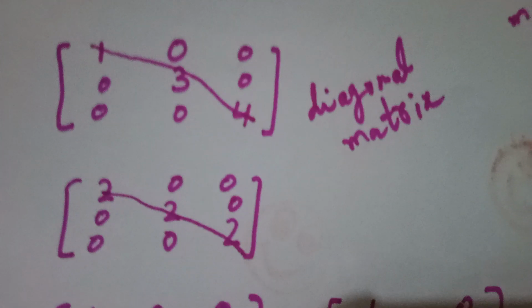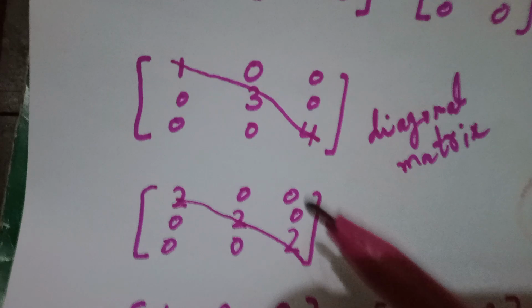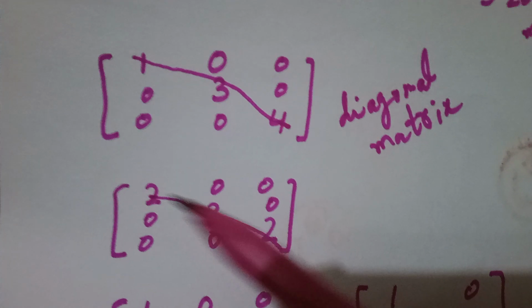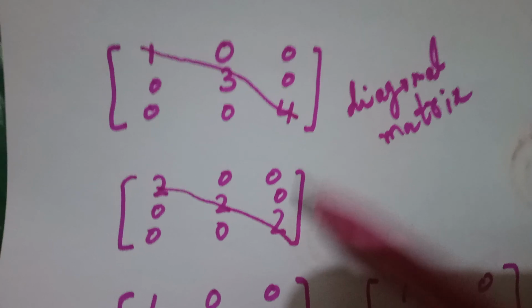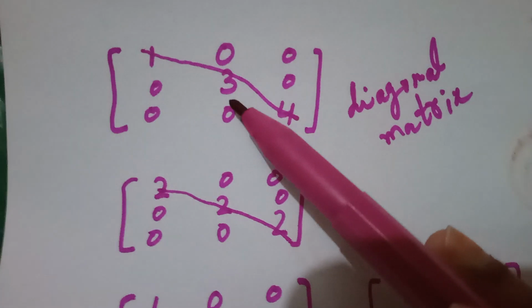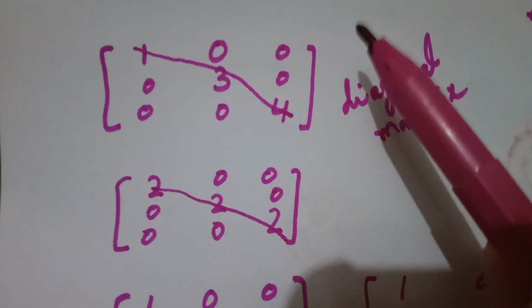If a matrix has entries on the diagonal but the entries are the same, here we can see all the entries of the diagonal are same, 2, 2, 2. Here all the entries of the diagonal are different.